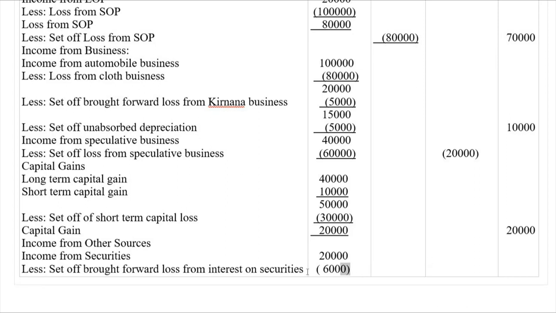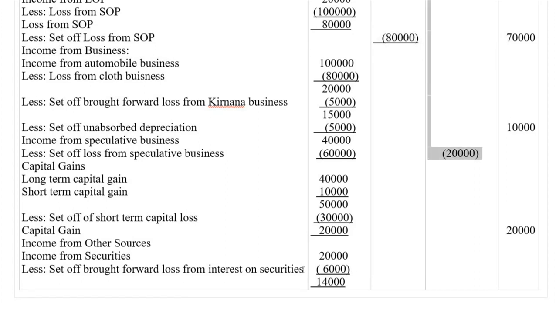Let me underline here. The difference will now be 14,000, which shall be taken to the GTI column. Before that, let me write the remaining here. This is income from other sources.